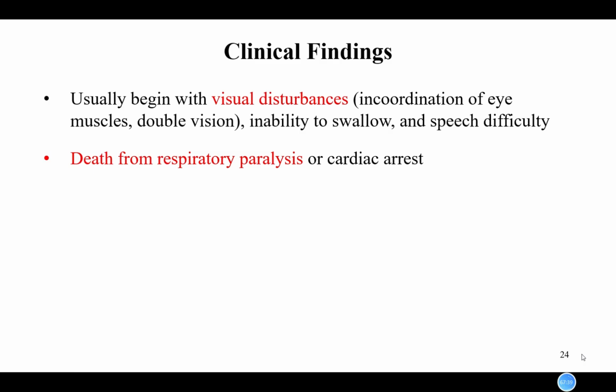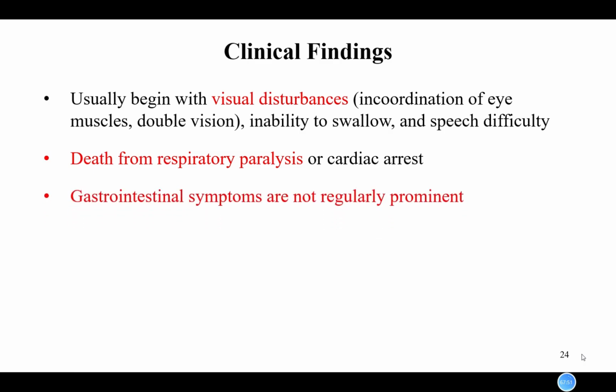So that's lethal. Or if the heart muscle, the cardiac muscle, is involved, it can cause cardiac arrest. While the gastrointestinal symptoms are usually not a big problem, not regularly prominent, and there is no fever.